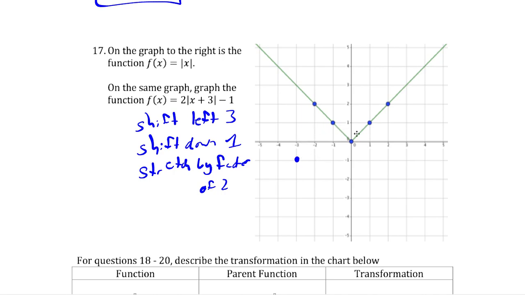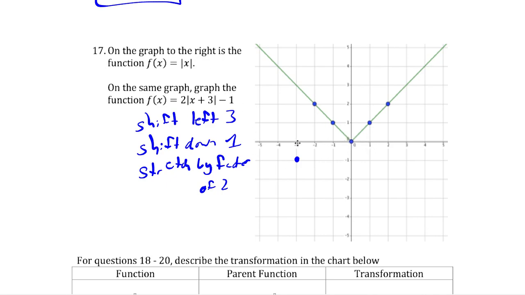What I was doing before, I was plugging in x is 0. But x moved, didn't it? X is negative 3. So negative 3 plus 3 is 0, times 2 is 0, minus 1 is here. So when you're checking your work, make sure when you plug in your x value, you plug in the new x value. See, good thing I checked that. See, I was just testing you guys. That's all I was doing.